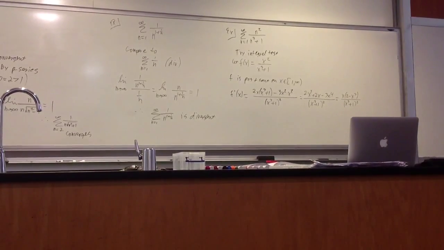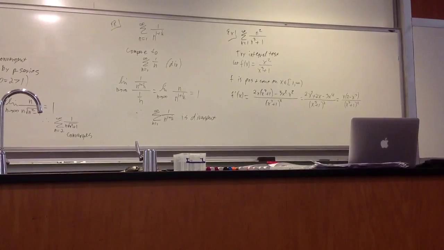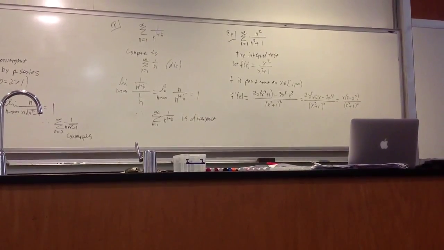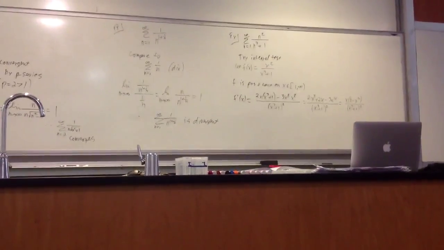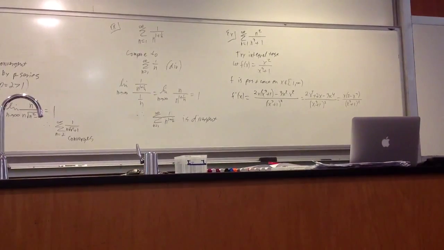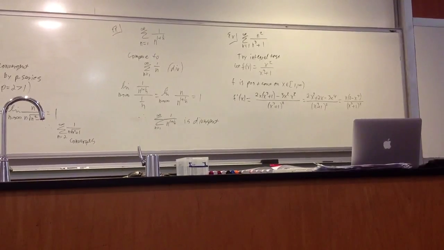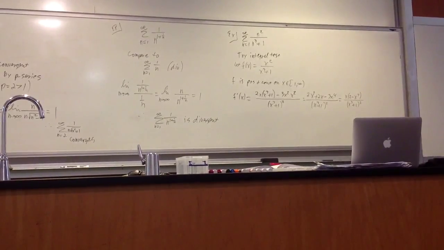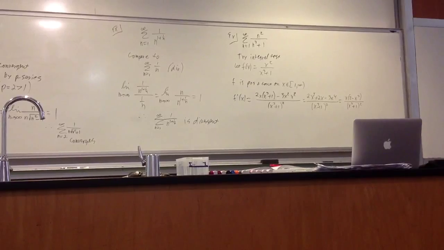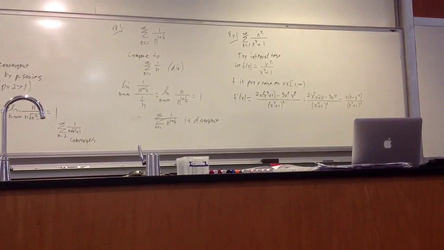Looking a little suspect. We want to know when it's negative, right? The denominator is always positive, not an issue, right? Even if we had negative values for x, which we don't, we're still squaring it. So it's always positive.